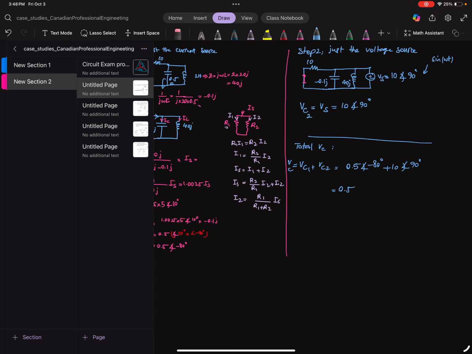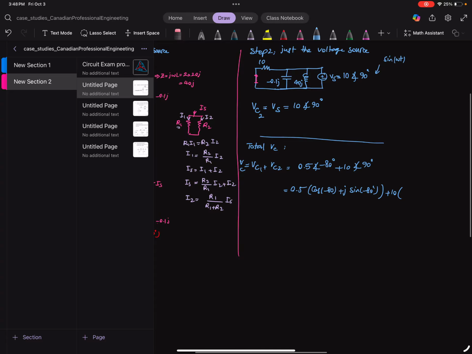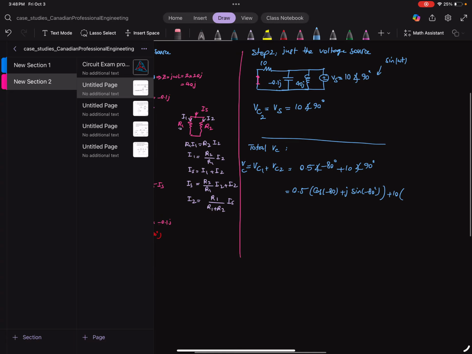This is half of cosine of minus 80 plus j sine of minus 80 degrees, plus 10 cosine of 90 degrees, which is going to be 0, plus j sine of 90 degrees.